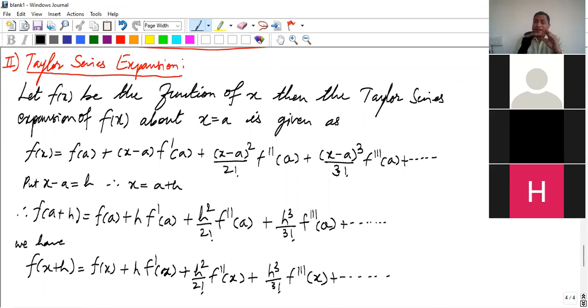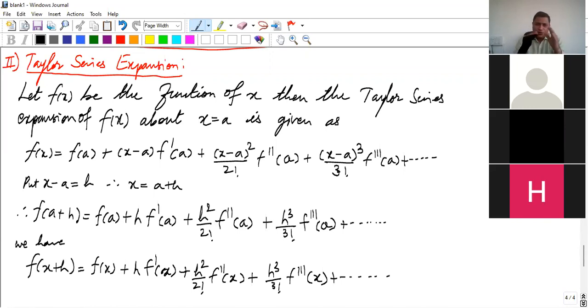If I want the expansion in terms of powers of h, then we have the third formula. So depending on the requirement or the problem, we can use the formula.